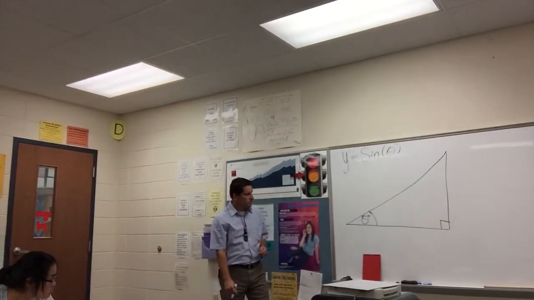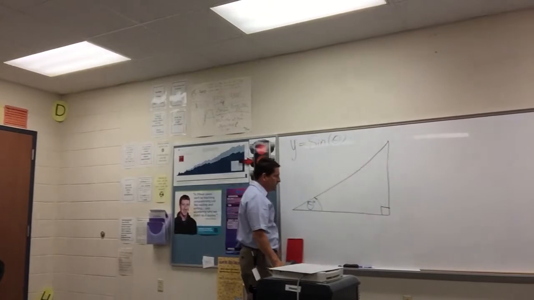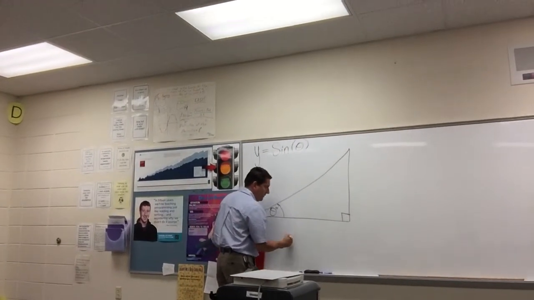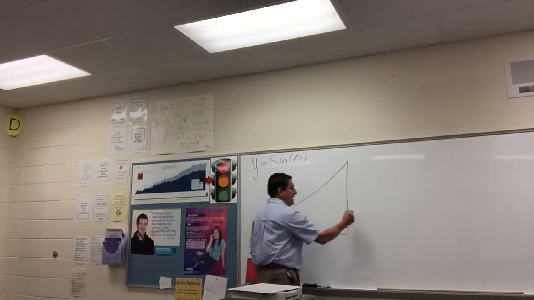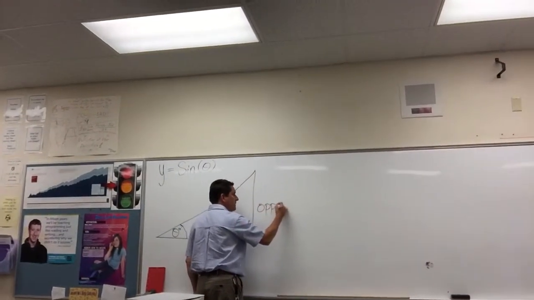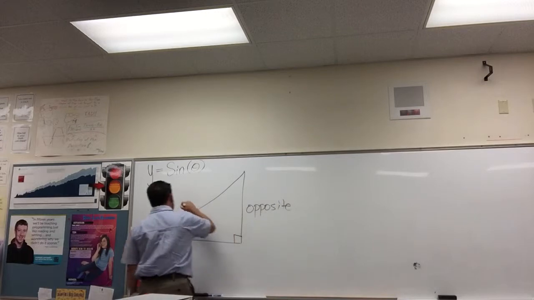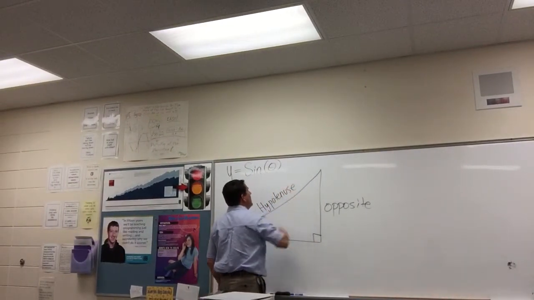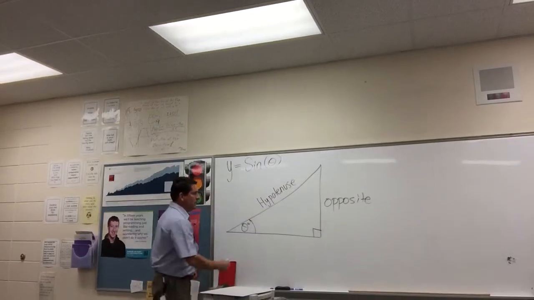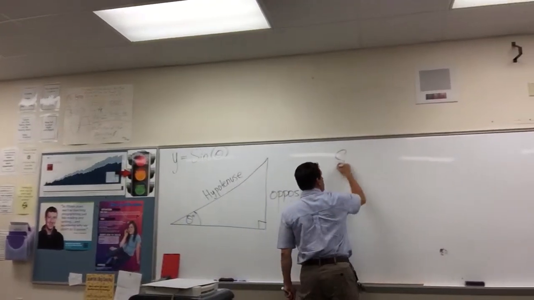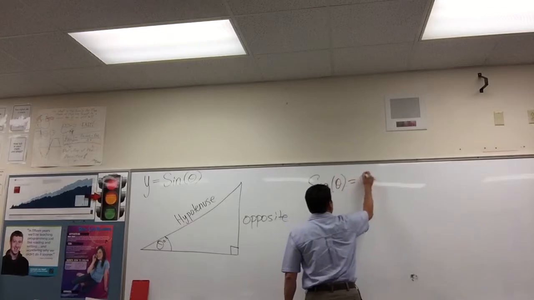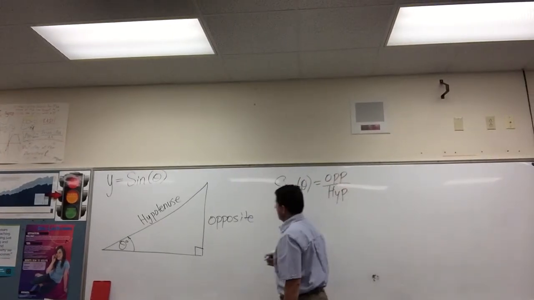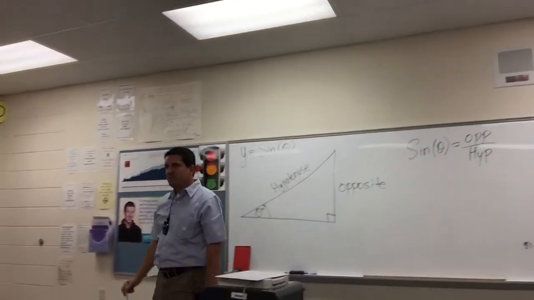And it turns out that for every single angle, if you have the side that is opposite it, which is here, and you have the hypotenuse, the sine of the angle is equal to the opposite over the hypotenuse. The SOH in SOHCAHTOA.